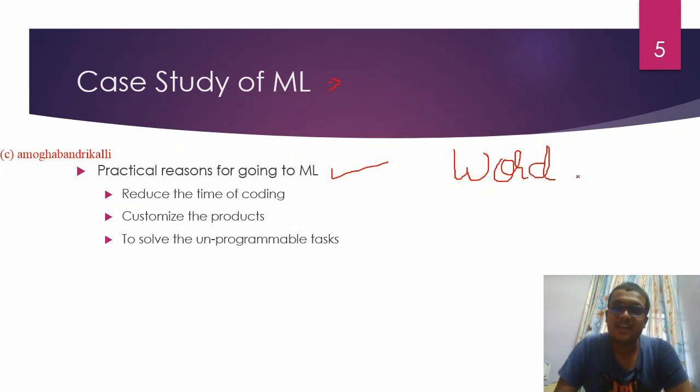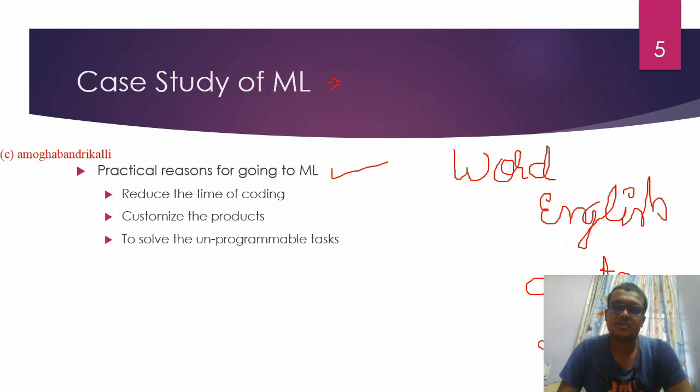If you are making any mistakes in English, it is going to make an auto correction, or it is going to provide you a suggestion. So one thing is auto correction and the other thing is suggestion.